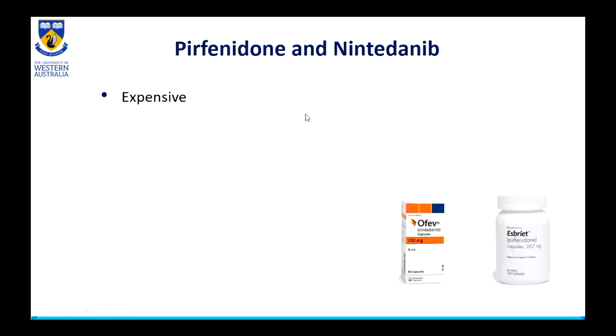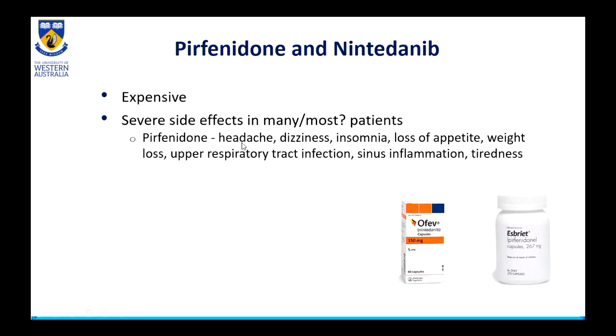So pirfenidone and nintedanib then is very expensive, has severe side effects in many, if not most patients. Pirfenidone, you can have headaches, dizziness, insomnia, loss of appetite, weight loss, upper respiratory tract infections. Well, if you've got lung problems, that's the last thing you want. Sinus inflammation and tiredness.